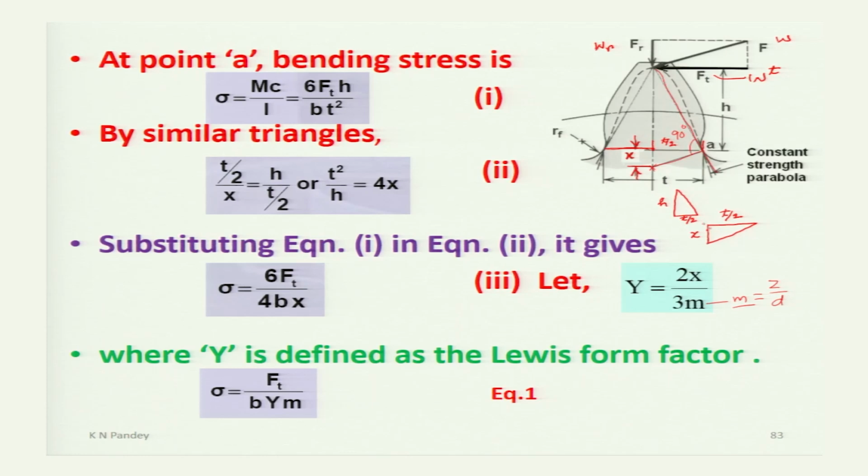Now these two triangles are similar triangles because one of the lengths is the same, and this angle is 90 degrees.